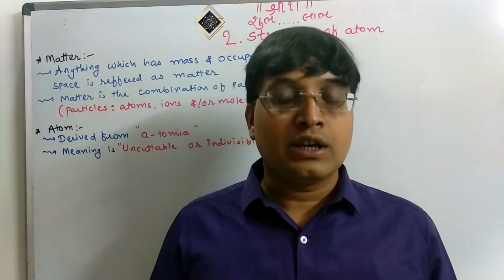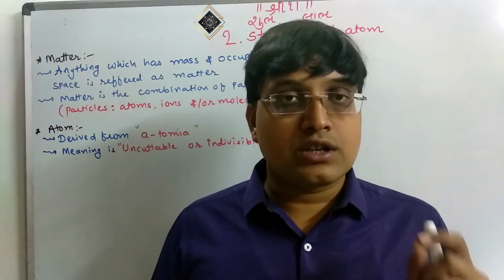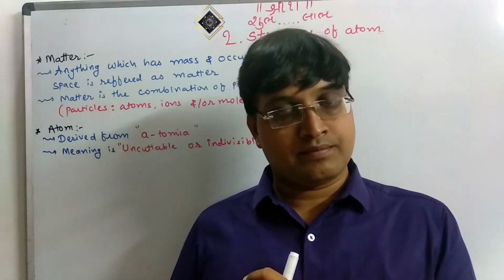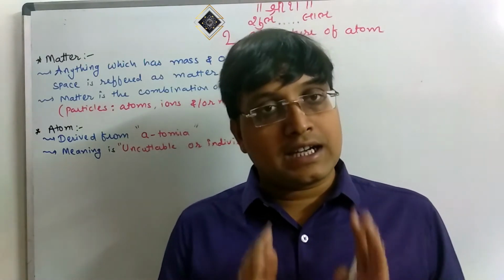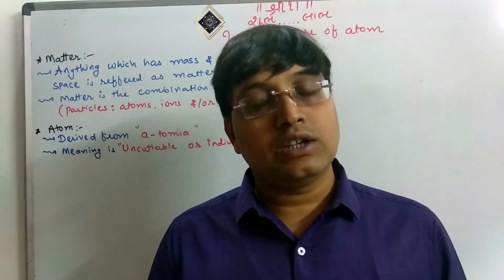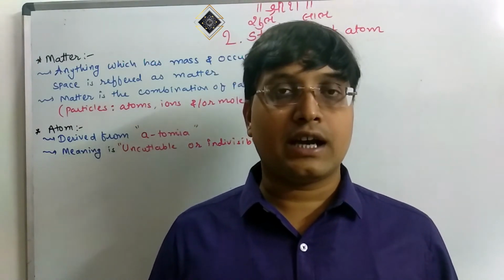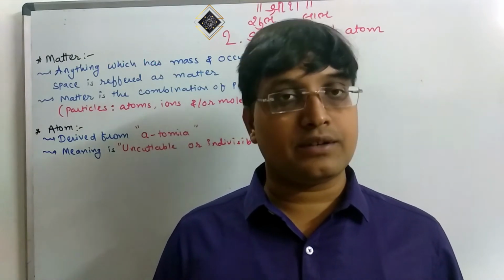What does it mean? The atom of Fe does not lose the property of iron. That means atom is the smallest particle of an element which possesses all the properties and characteristics of an element.